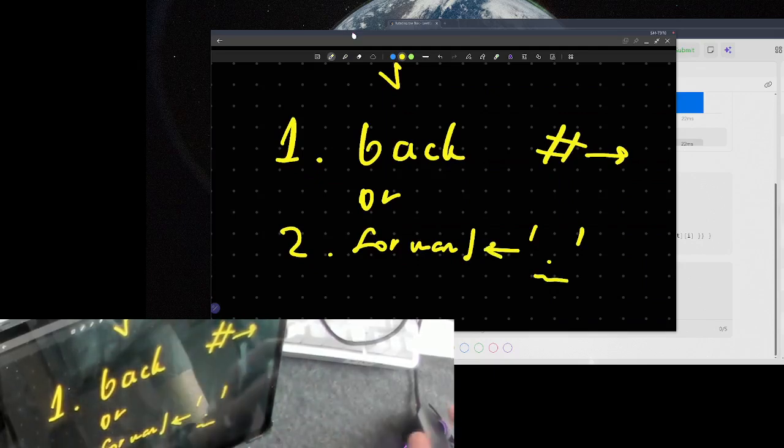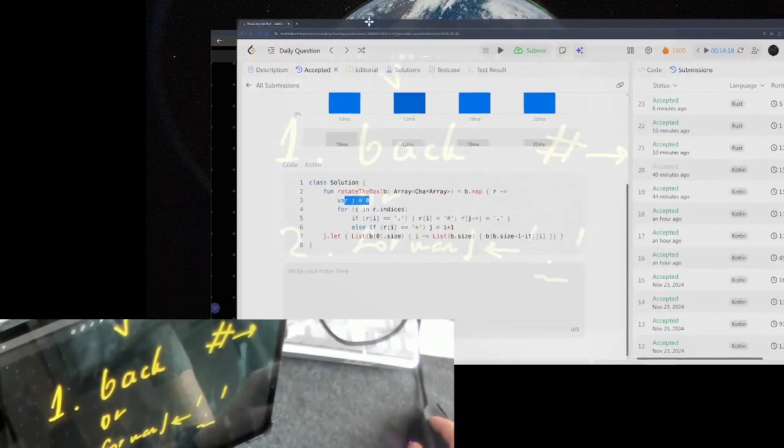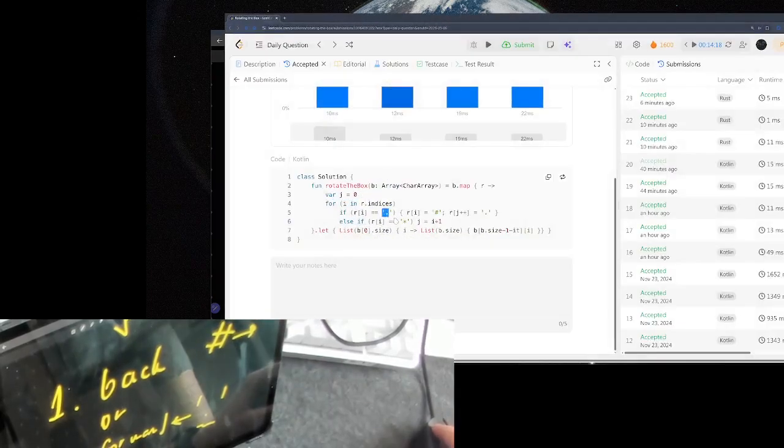The code is the same. You are just swapping these roles of dot and hashbang.